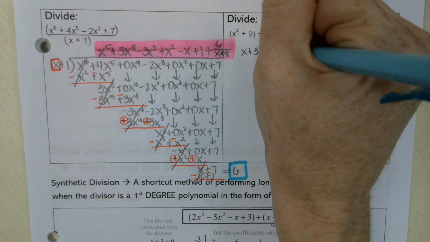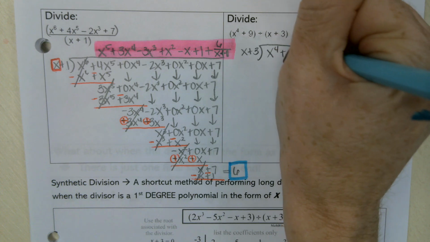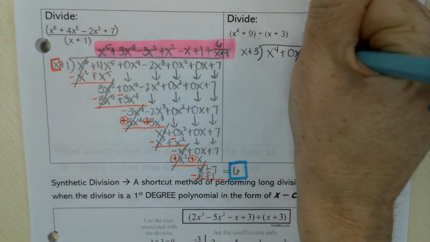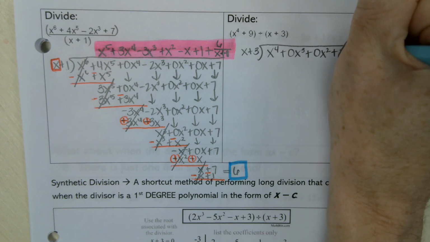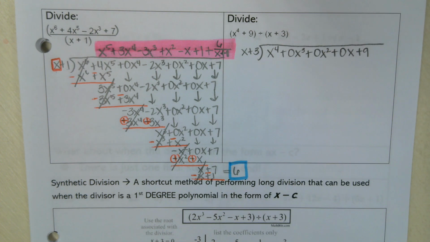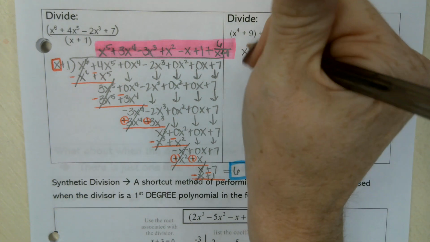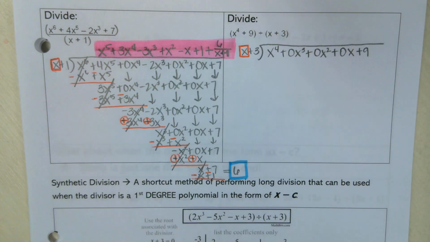I have x to the 4th plus 0x cubed plus 0x squared plus 0x plus 9. The first step is to look at this x. This is my reference point.